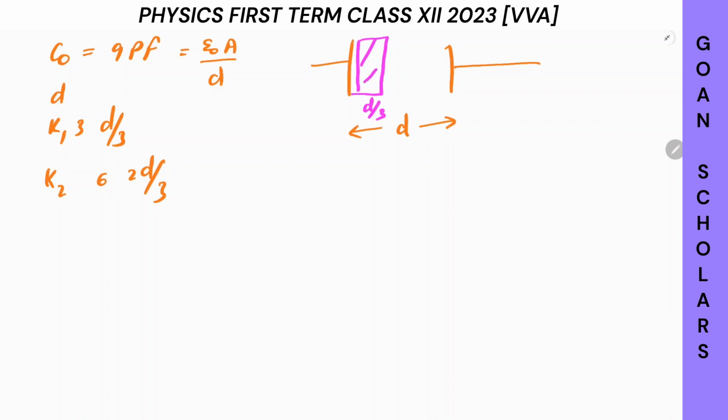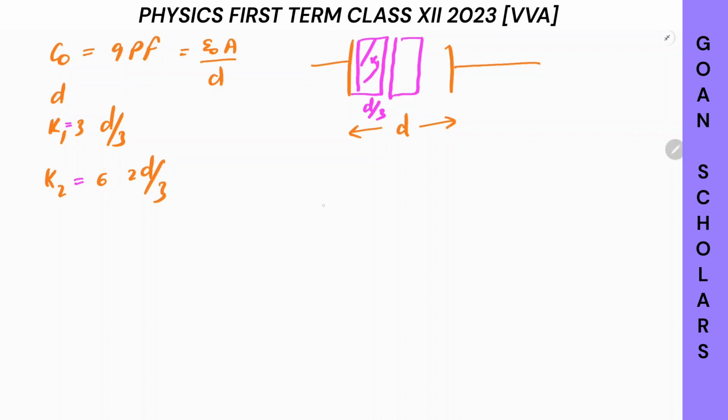So the electric field will be E by K, so K1 is 3, K2 is 6. Let's put K1 here. Another is 2D by 3, so 2D by 3 is here. So D by 3 is 1/3 and this is 2/3.